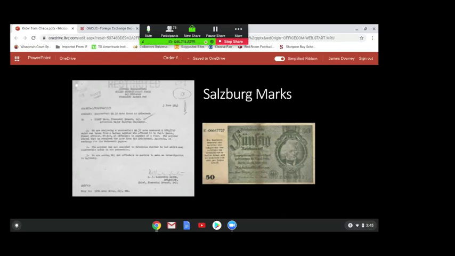This 50 Reichsmark note, somebody tried to pay a court fine, a soldier, particularly a German soldier, tried to pay a court fine with this 50 mark note. And he says that he got it from the Reichsbank in Salzburg. Please tell us whether it's valid or not.